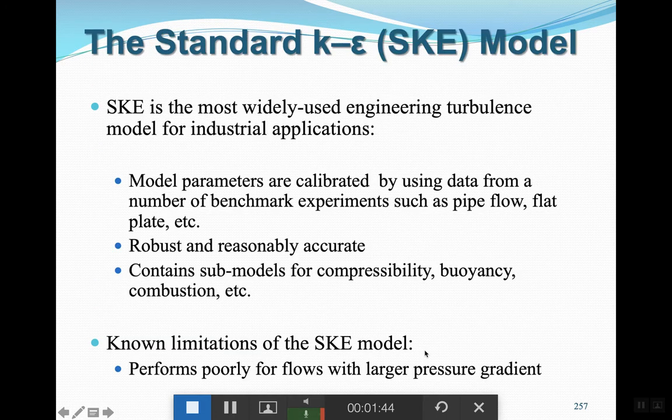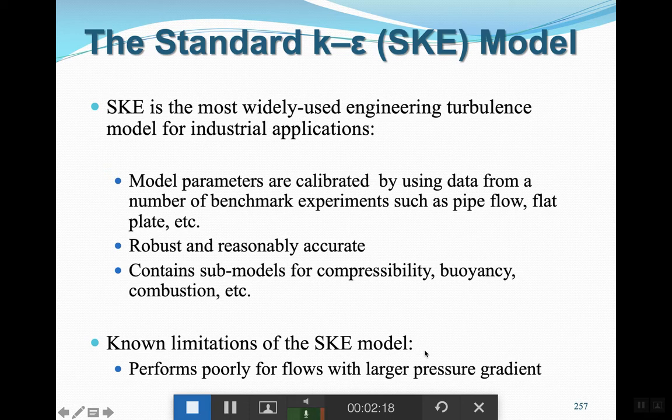Now if we dive into the K epsilon, there are different types of K epsilon models. They slightly differ in what they represent and what they are good for, and have slight differences in their equations. The standard K epsilon model is the most widely used for solving turbulence, and the model parameters are calibrated using data from a number of benchmark experiments.